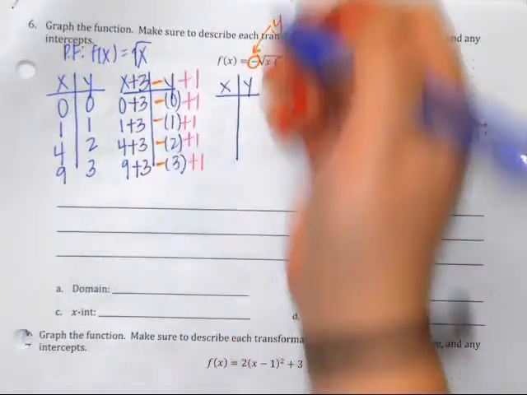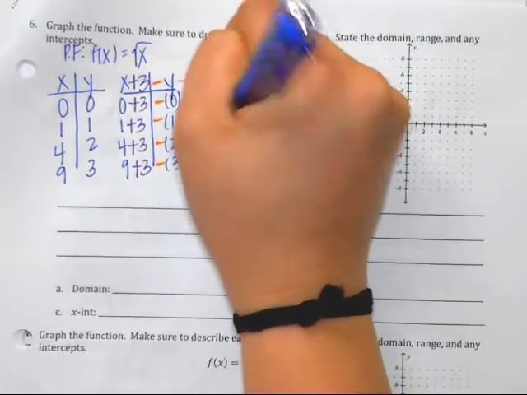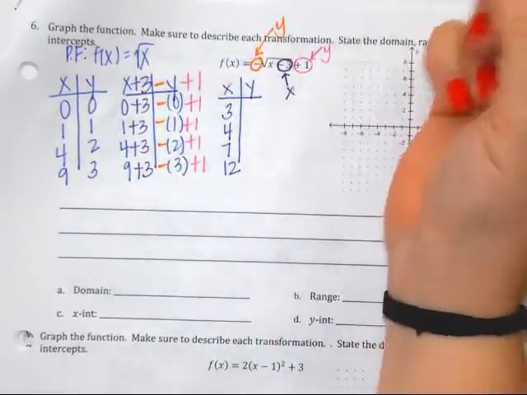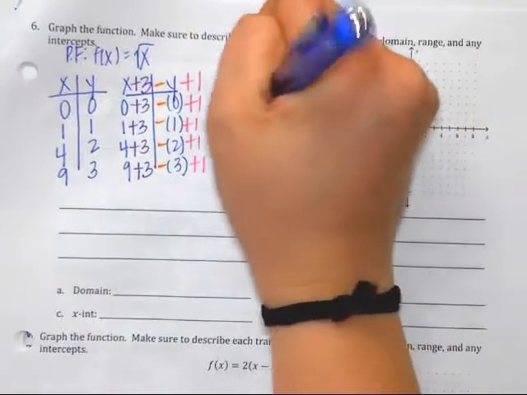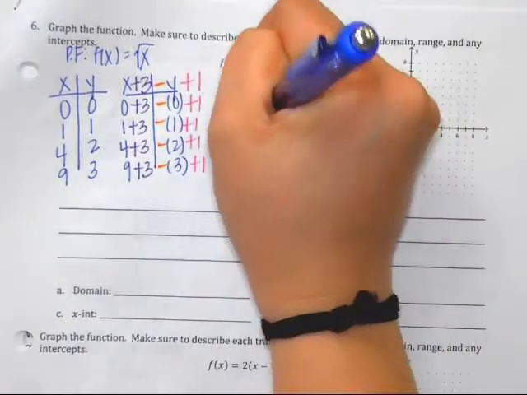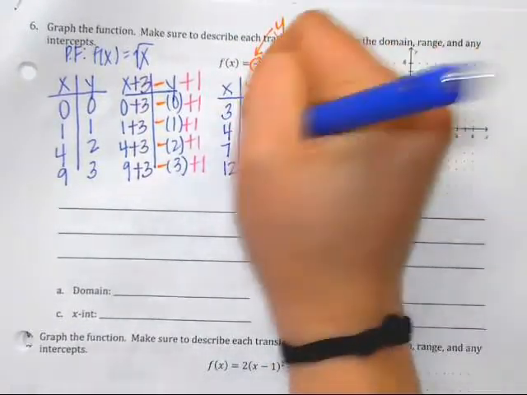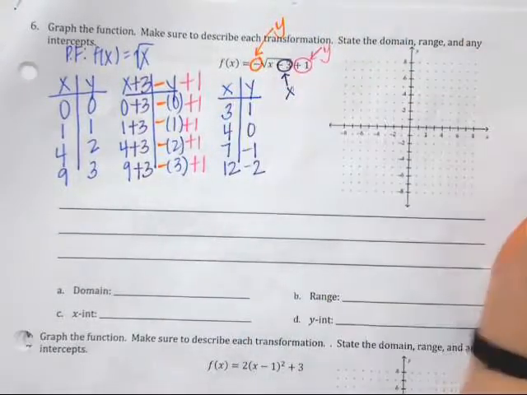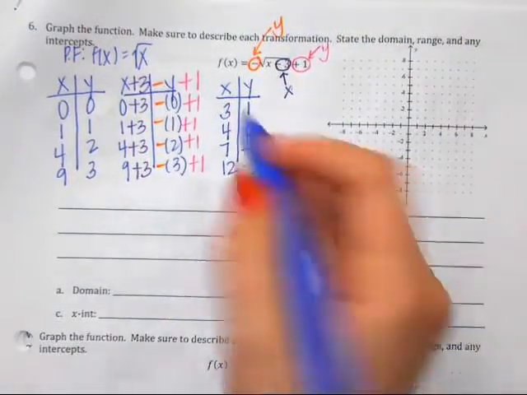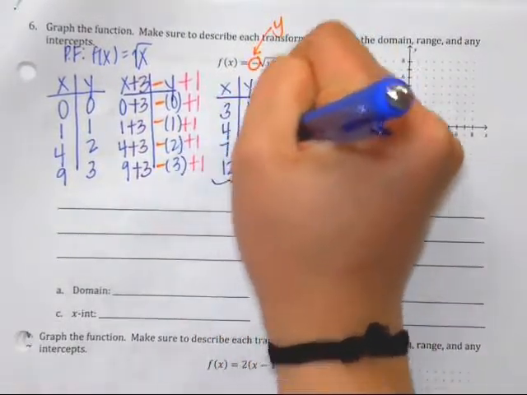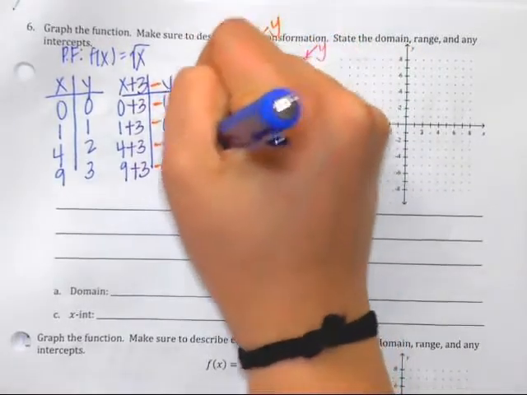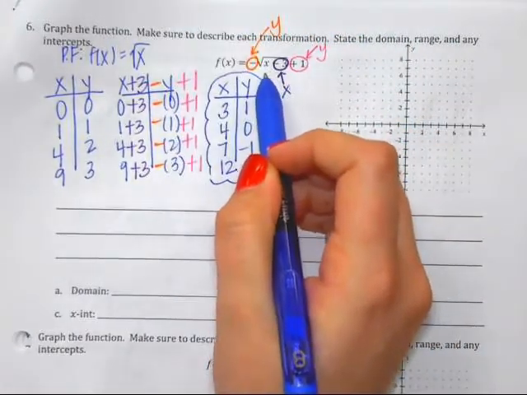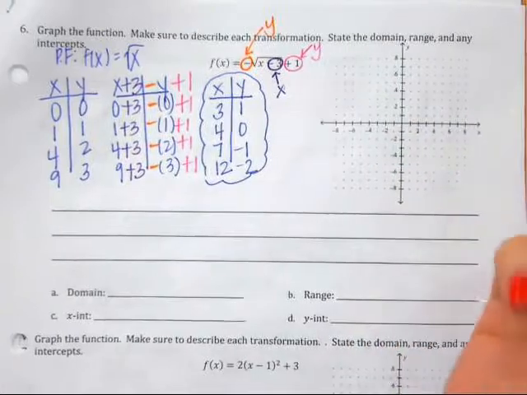So my x values become 3, 4, 7, and 12, and my y values, well, negative 0 plus 1 is 1, negative 1 plus 1 is 0, negative 2 plus 1 is negative 1, and negative 3 plus 1 is negative 2. So this is my transformed function. This is the table for negative square root of x minus 3 plus 1.